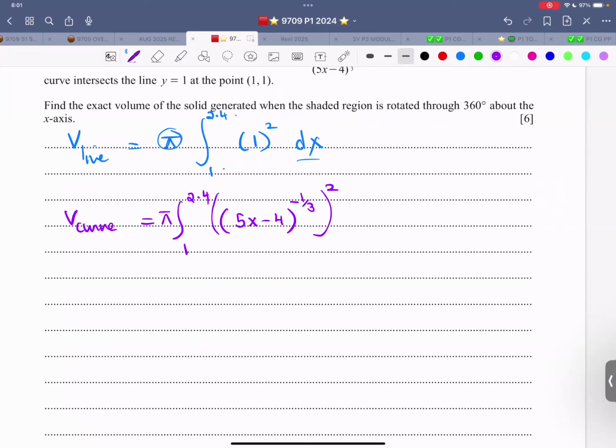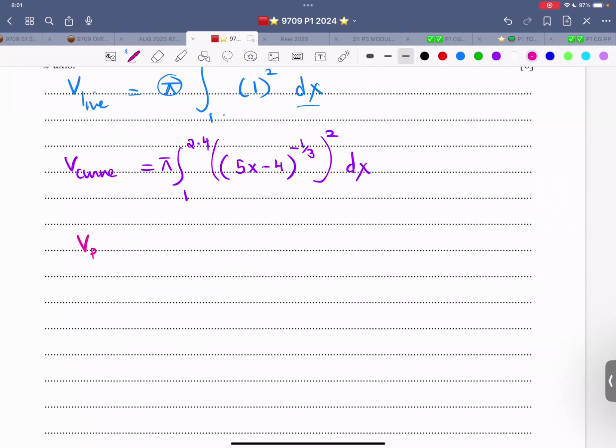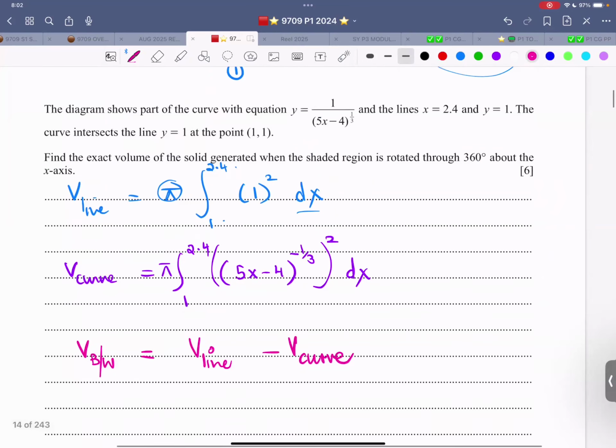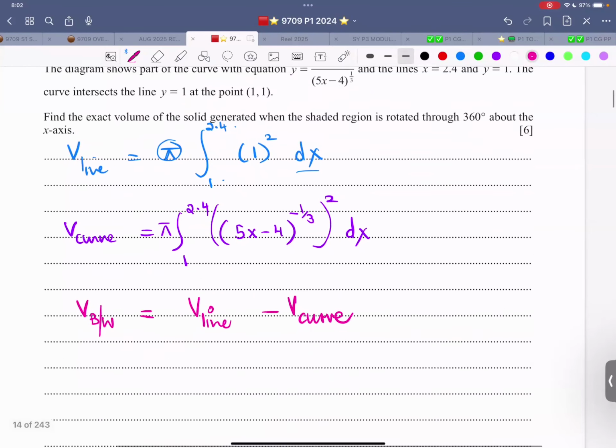Don't forget to square it, dx. And then we are interested in the volume between the two things. So the line has more volume, the curve has lesser volume. So we will subtract. I hope this is the principal thing.